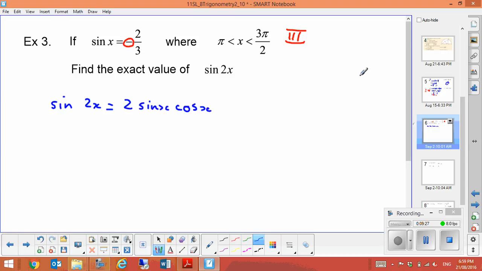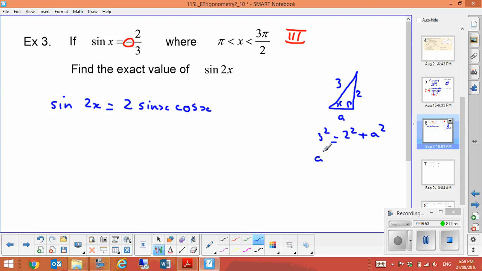So let's do our triangle. If this is our x, and we've got opposite over hypotenuse, it's not a unit circle in this case, so let's call this just an a value. So we now know that 3 squared equals 2 squared plus a squared.